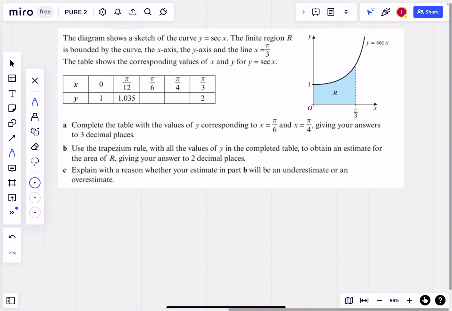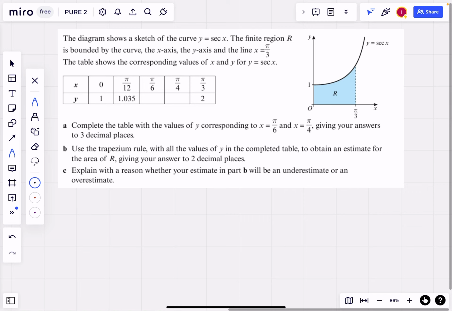So, you've been given the function y equals sec x. You've got a drawing of the curve, and you know that you're trying to find the area between 0 and pi over 3. Now, in the trapezium rule, you will pretty much always have a table of x values and then the subsequent y values. In order to work out the y values, you just substitute the x.